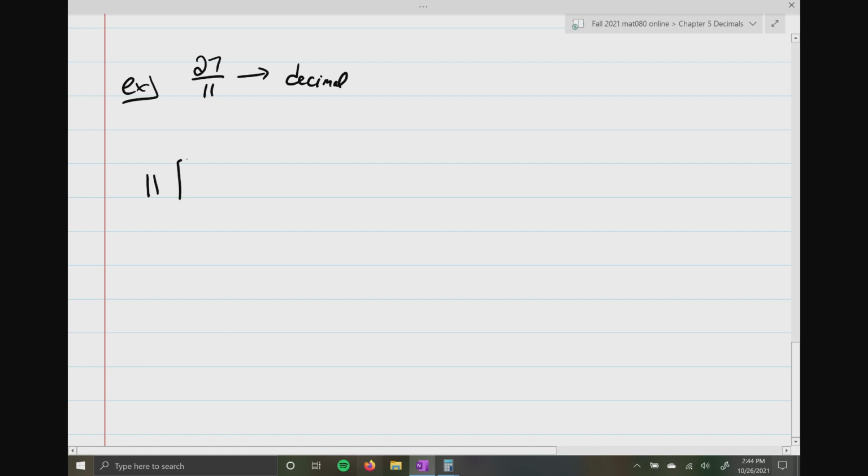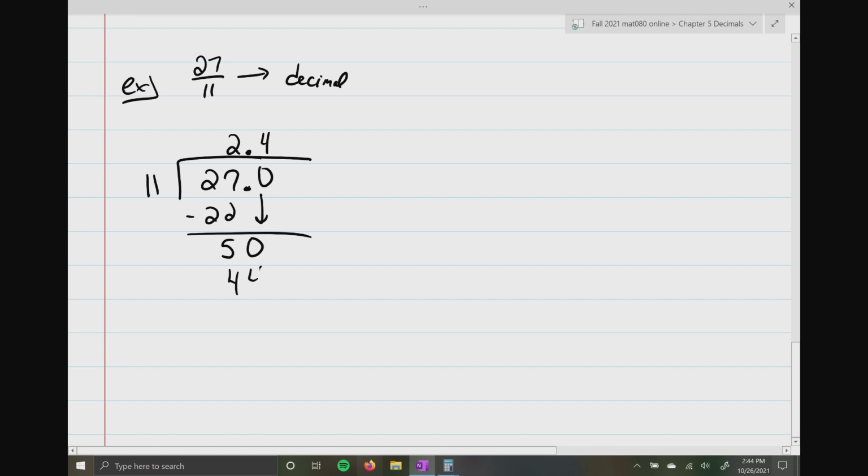Divisor outside, dividend inside. 11 goes into 27 twice. I can subtract. That gives me a 5. But now I need to introduce my decimal. Write it above. Put a 0. Drop it down.